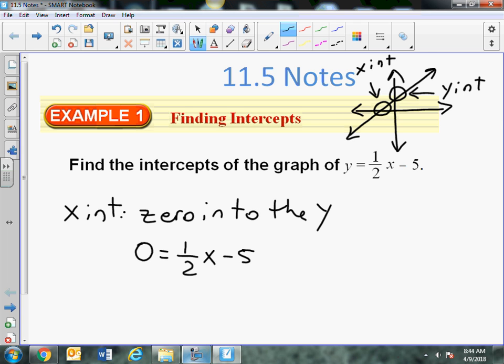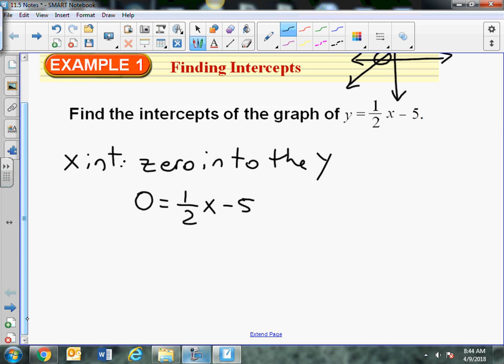Now, when you solve for the x value, essentially it's equation solving like it always has been. So you're going to add 5 to both sides. So I get 5 equals 1/2 x. Now, remember, when we talked about 1/2 times x, it's the same as saying divide by 2. So to get rid of a 1/2, you have to multiply by 2. Essentially, you're undoing the equation.